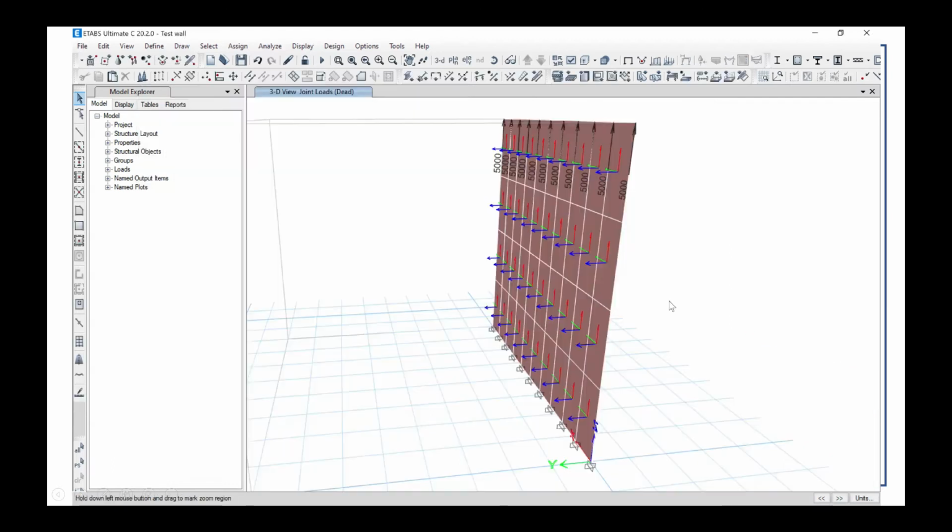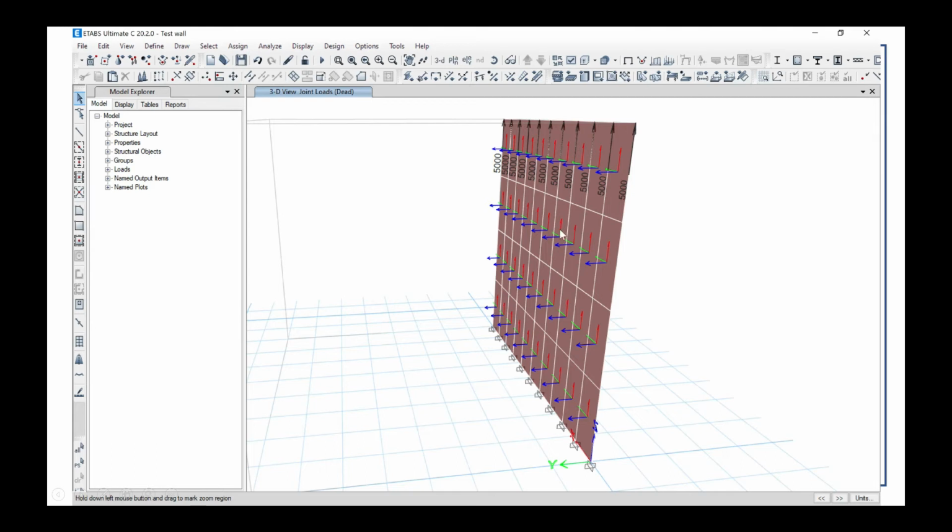Now let's check another load. We apply the same load but in the opposite direction. We use an upward force of 5000 kilonewtons at one node. Now let's check.